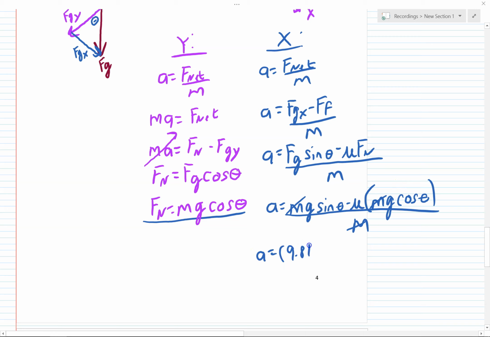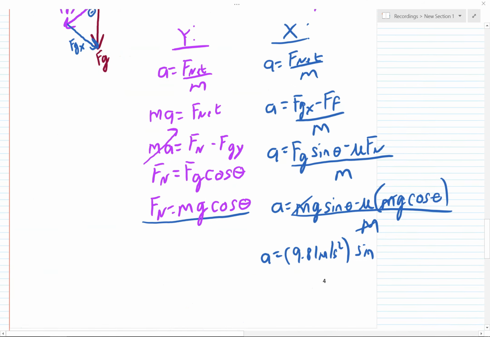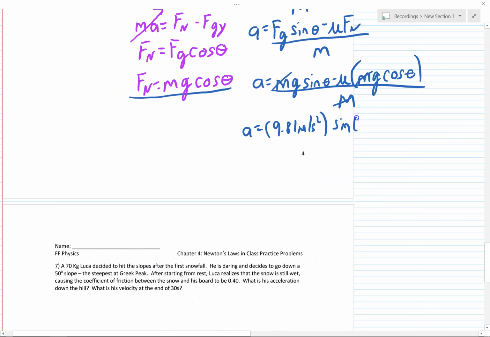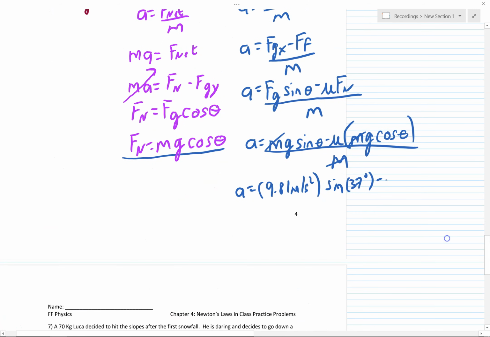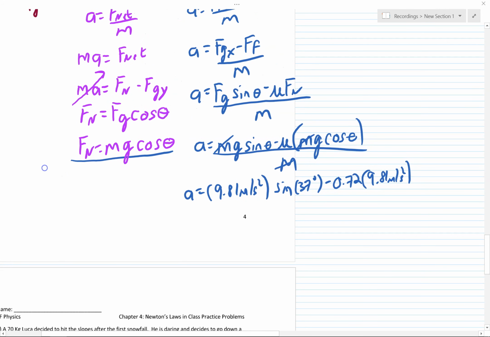The acceleration is 9.81 meters per second squared times the sine of 37 degrees, minus mu, 0.72, times g, 9.81 meters per second squared, times the cosine of 37 degrees.